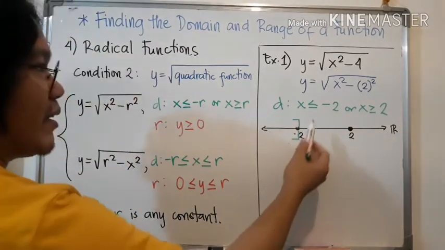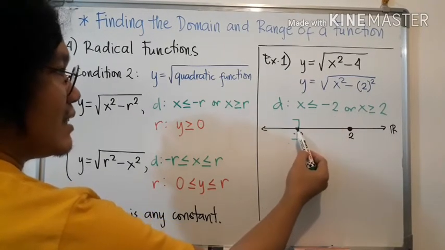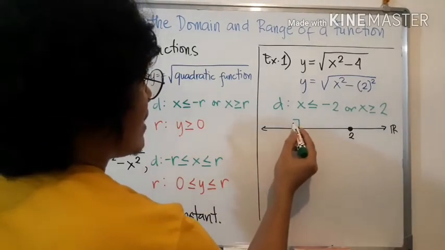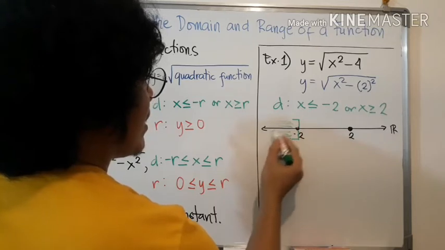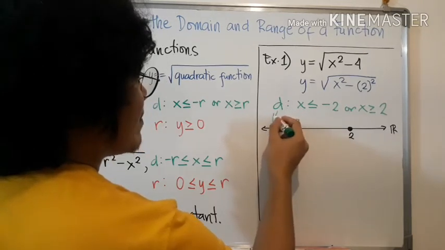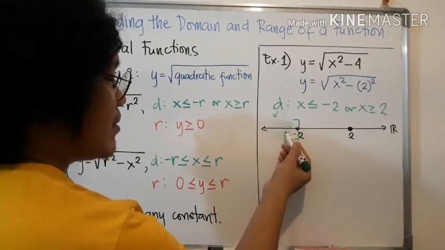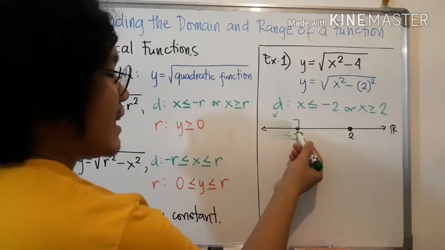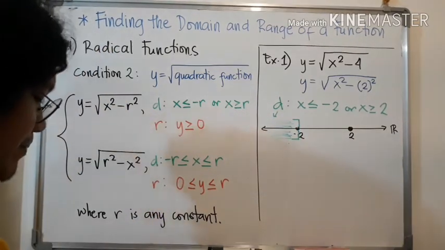The bracket is used because negative 2 is included in the set because of this equal sign. So all the x values here are part of the domain. Negative 2, negative 3, negative 4, all the real numbers less than or equal to negative 2 are part of the domain.